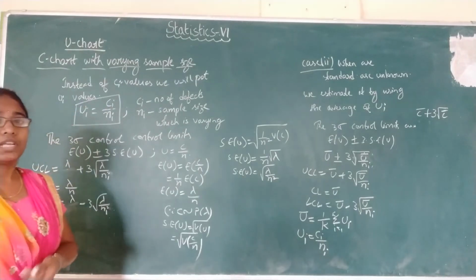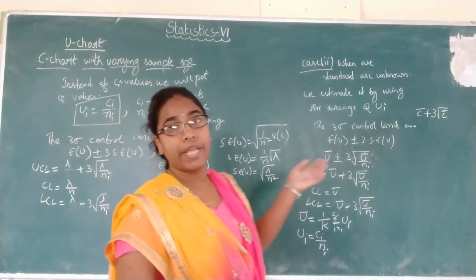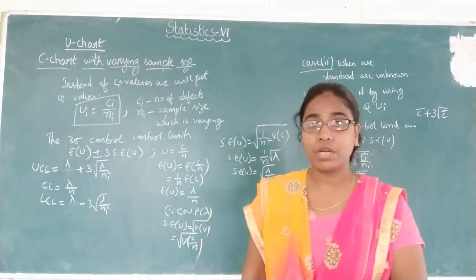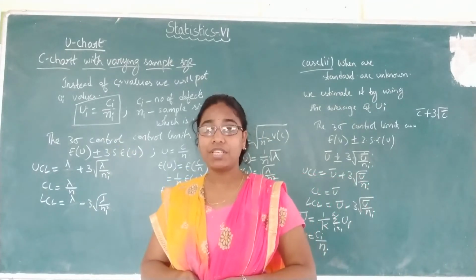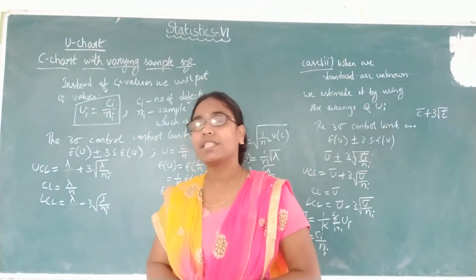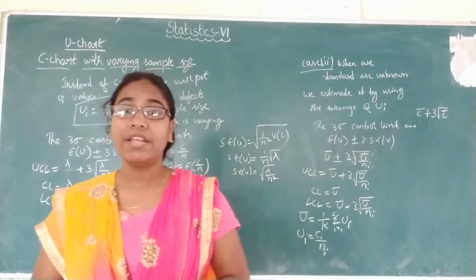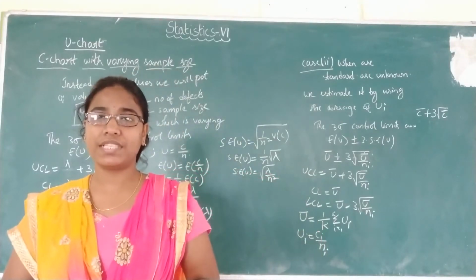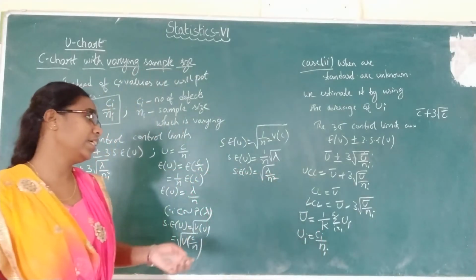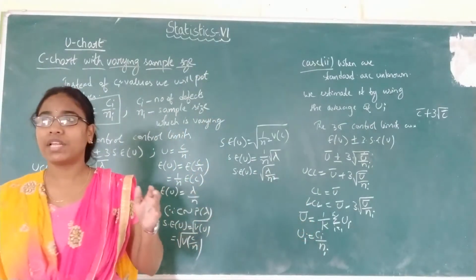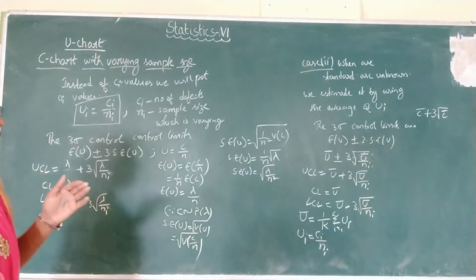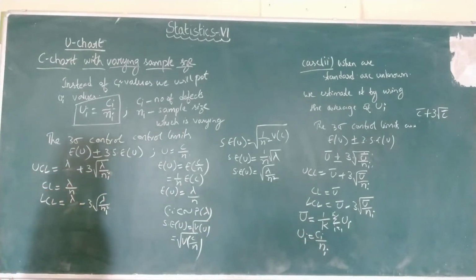Similarly here also, you will take the sample number on the x-axis and the number of defects for different samples on the y-axis, and plot the different UCLs, different LCLs. Here CL will be the same because u bar is a constant value, that is summation ui by k.